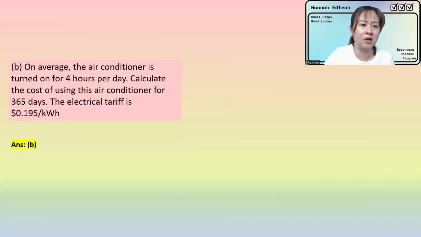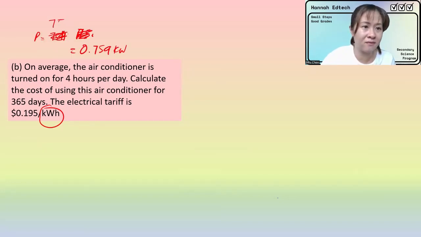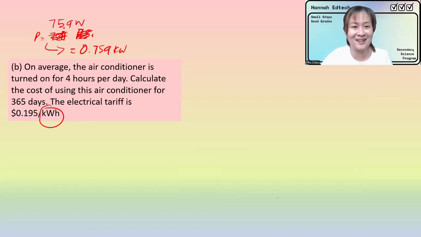On average, the aircon is turned on 4 hours per day. Calculate the cost. So this is actually practical electricity. When we calculate electrical energy, we no longer use watts times time. We use kilowatt hour, because the electrical cost or tariff is always in kilowatt hour. Power equals 759 watts, which equals 0.759 kilowatts.